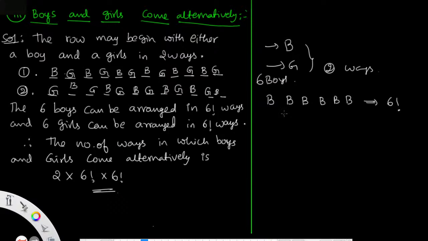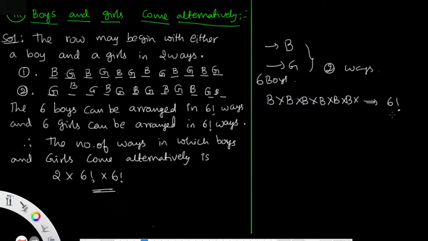Next, boys and girls should come alternatively, so don't take the first place; in these gaps you have to fill in between them. If the row starts with boys, you take the boys first. Total boys are 6, which can be arranged in 6 factorial ways.